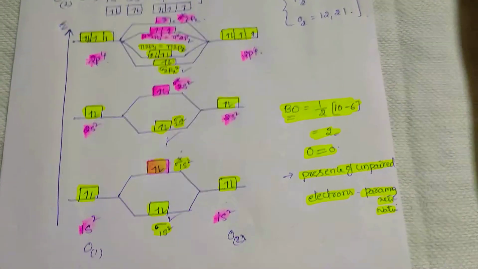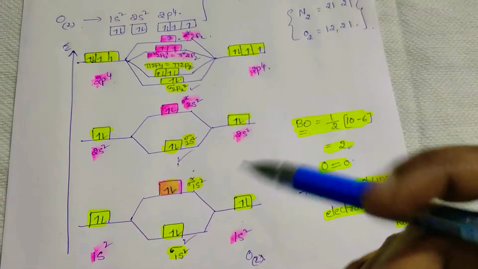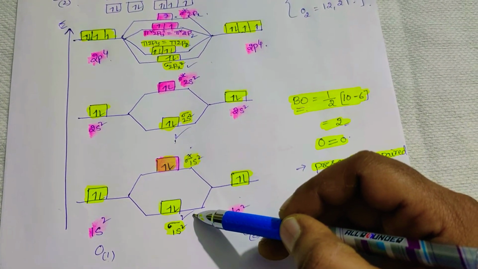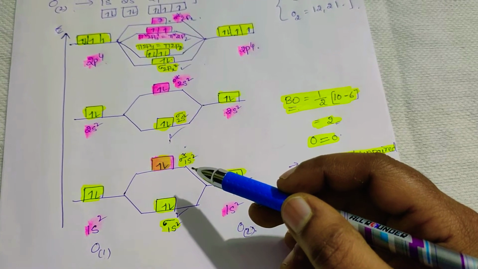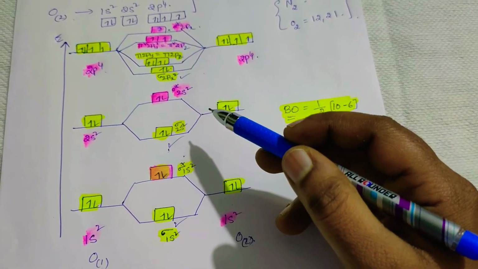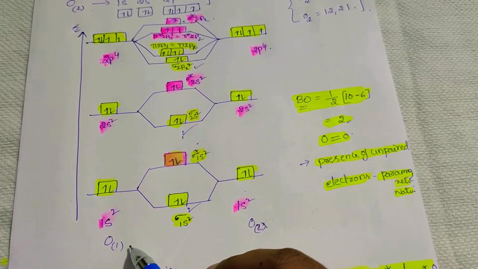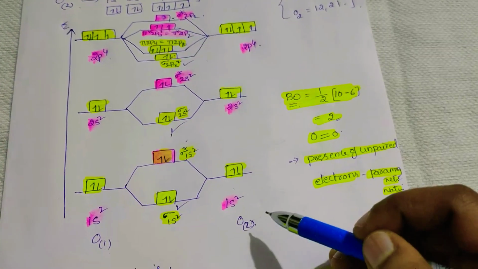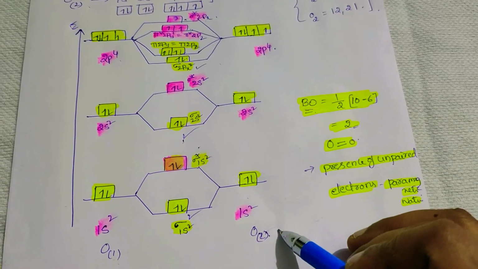Energy always increases. The bonding molecular orbitals are denoted as sigma and pi, and the anti-bonding orbitals are denoted sigma star and pi star. Here the first oxygen I write on the left side, and the second oxygen on the right side.